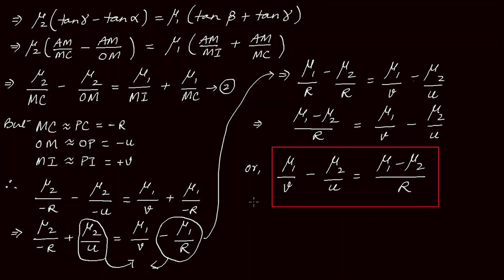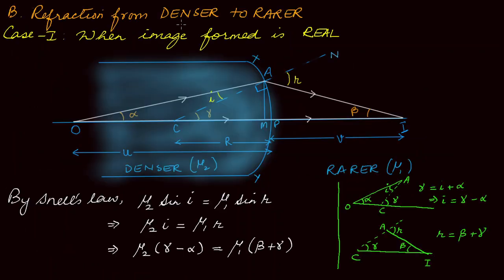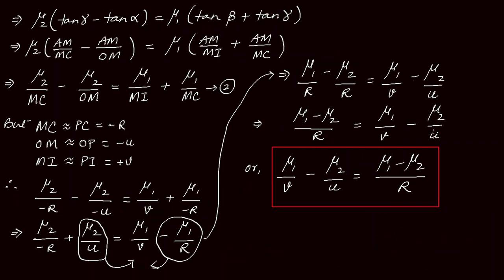Now I want you to compare with the other derivation, that is when light is going from rarer to denser. When it's going from rarer to denser, you will see that the expression is just the opposite of this. Let me write this with orange.